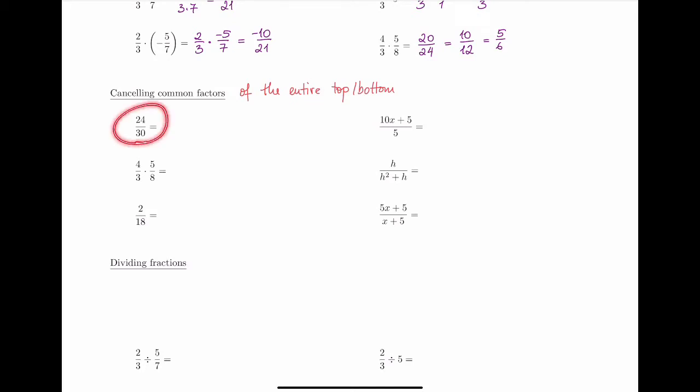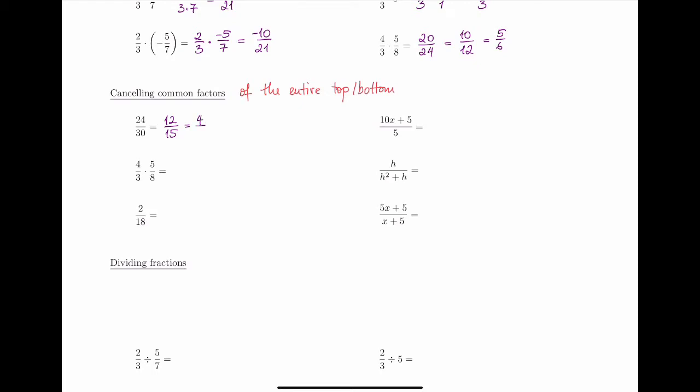So this 24/30, clearly we have a common factors between 24 and 30, and you can decide what to divide by in any order you want to do this in. So for example, I can notice first of all that 24 and 30 both have 2 as a factor, so I can cancel out the 2. I will end up with 12/15. I can then notice that 12 and 15 have both a factor of 3 in common.